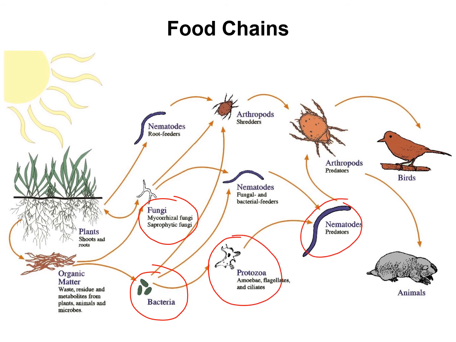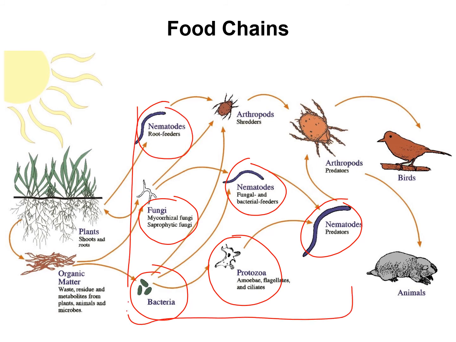These are the roundworms. All of these are microbes in this particular food chain, and they form a substantial part of the basis of the food chain. And this is true for all food chains, whether they are terrestrial or aquatic.